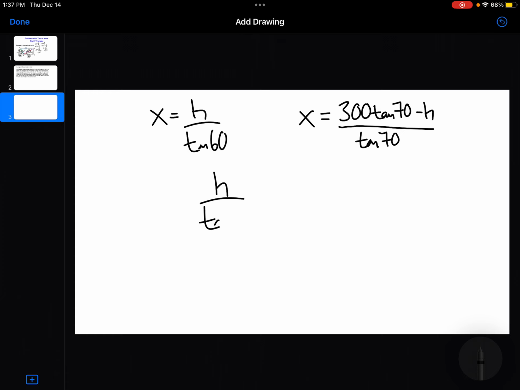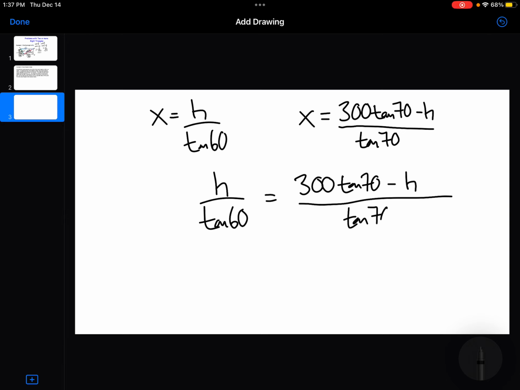So h over tan 60 equals 300 tan 70 minus h over tan 70.